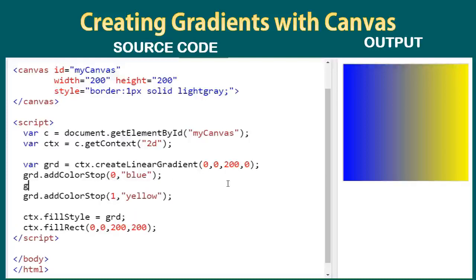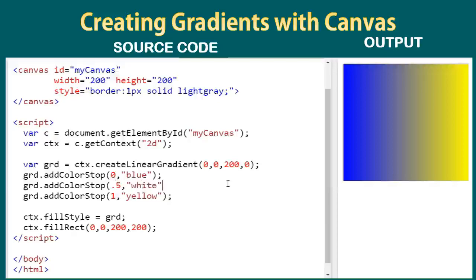I am going to add one more color stop using the same method. Add color stop, in between at the point 0.5, I am going to use white color.